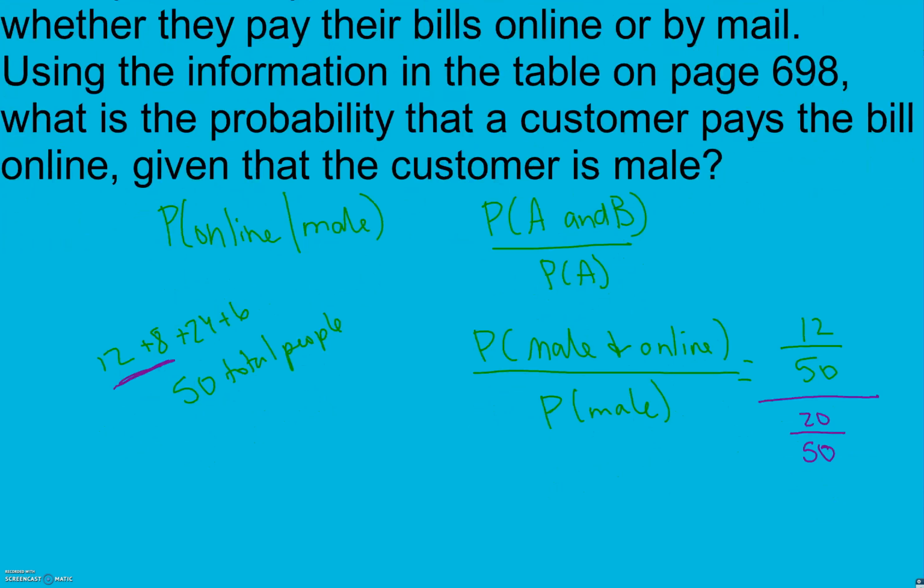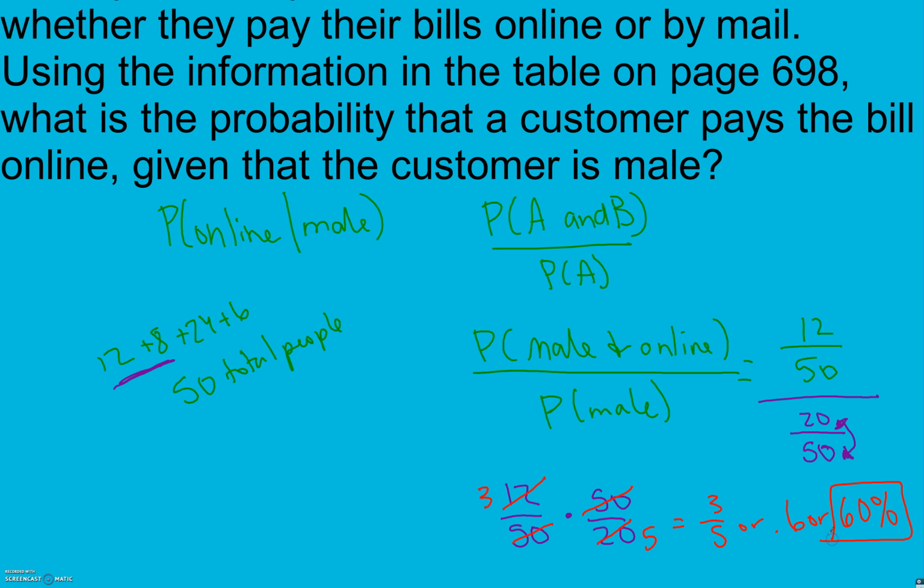When we divide our fractions here, we end up multiplying by the reciprocal. Top goes to bottom, bottom goes to top. Simplify what we can. I can also take a 4 out of these. Gives me 3/5 or 0.6 or 60%.